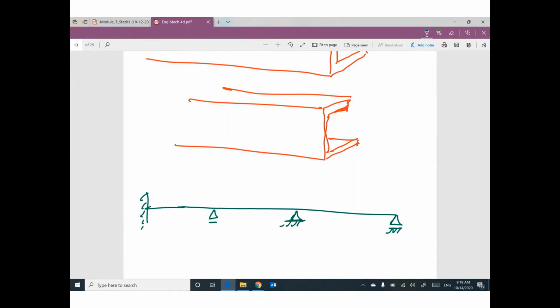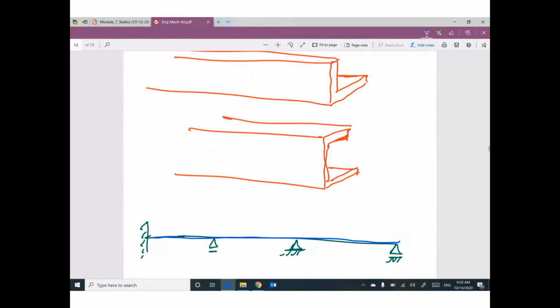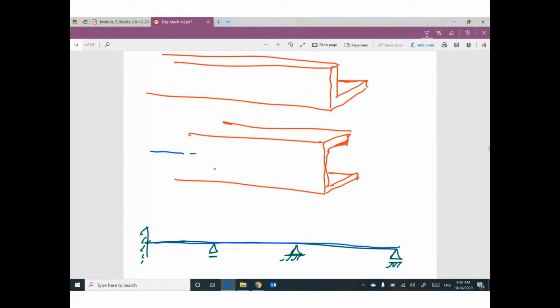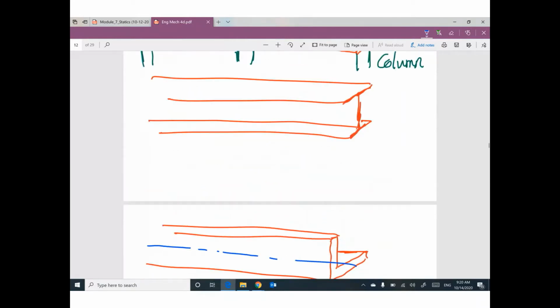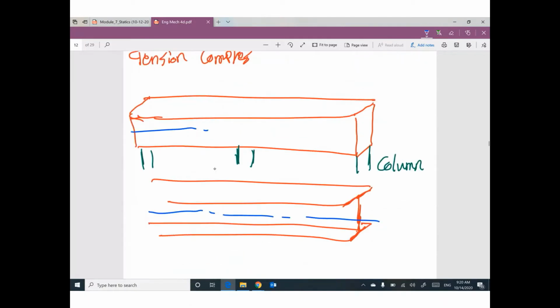So one of you will ask me, what is the meaning of this line? This line represents the center line of this beam.